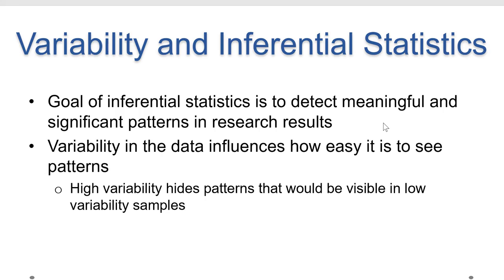Variability in the data influences how easy it is to see these patterns. High variability hides the patterns that we would be able to see in low variability samples. So we want small standard deviations in our sample data. Small standard deviations represent low variability. Think of low variability and small standard deviations as scores that are closely clustered around their mean, which will make it easier for us to find meaningful patterns in our data.